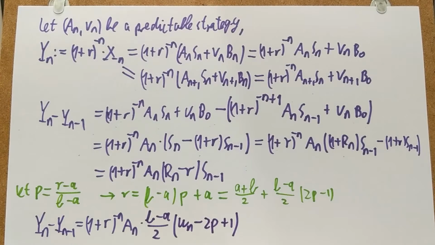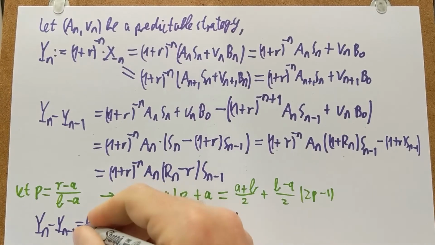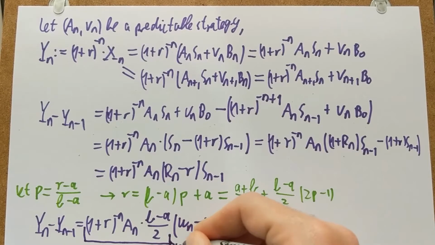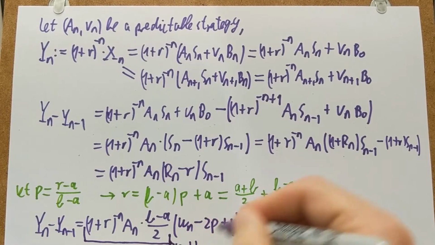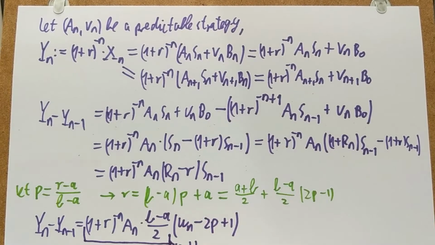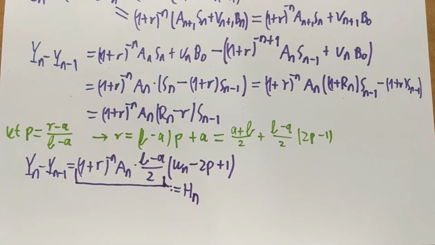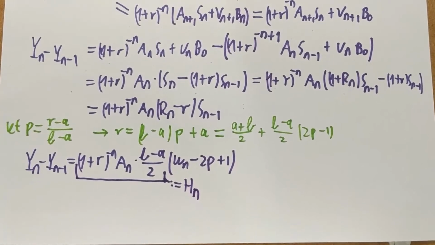Okay, and now I'm going to do something kind of nice, or if you want strange. I'm going to now find a predictable process hk. I'm going to define that part as hn.